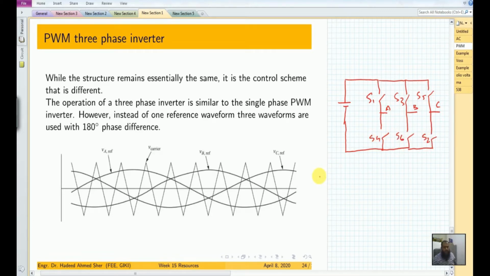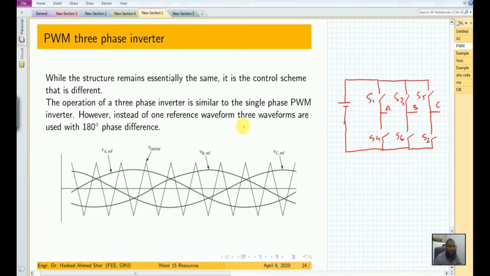If we use a sinusoidal PWM scheme to turn on these 6 switches, then we can incorporate all the advantages that we have studied for a single phase PWM scheme. Those advantages are that we push the frequencies further from the fundamental frequency, and therefore the filtering becomes very easy.